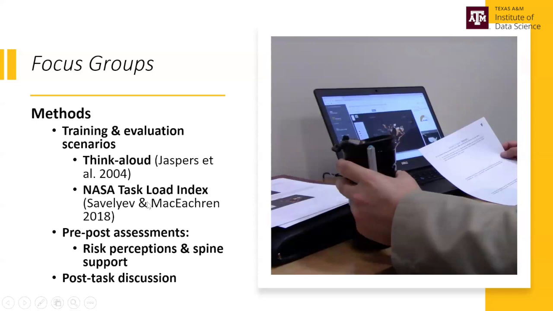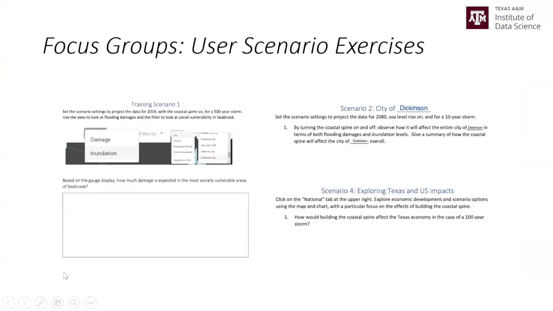We also used the NASA Task Load Index, or TLX, to evaluate how difficult our users found the tasks that we were asking them to perform. We also had some pre-post assessments for risk perceptions and coastal spine support, and a general kind of freewheeling post-task discussion.